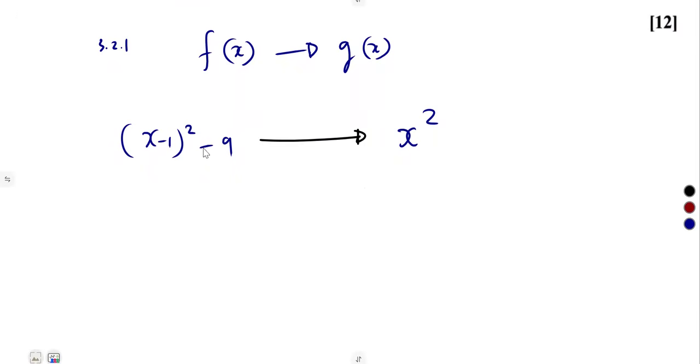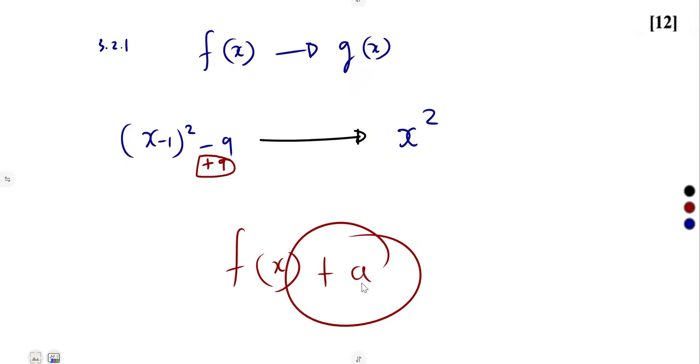The y value, the negative 9, it is no longer there, meaning to say, for us to neutralize and get rid of this negative 9, what happened? We added a 9 there, minus 9 plus 9. So it's a transformation, this one. Adding a constant a to f of x gives a shift of a units going up. 9 units going up.